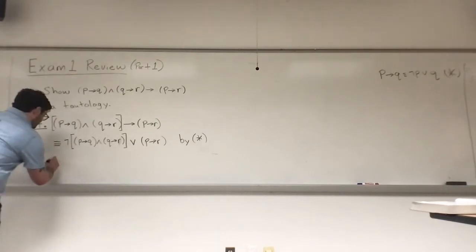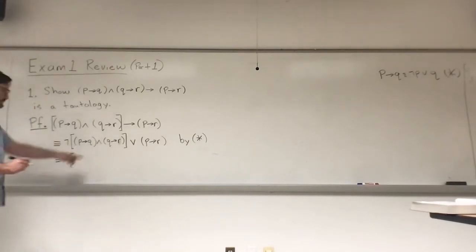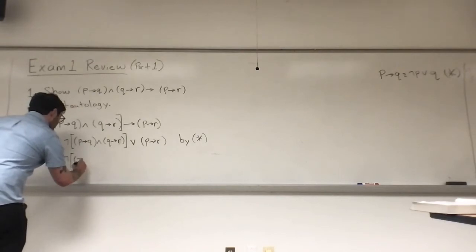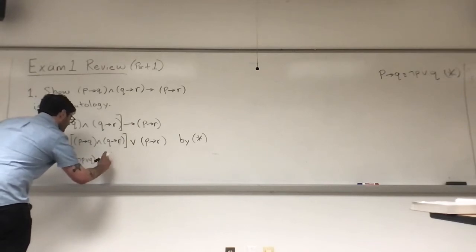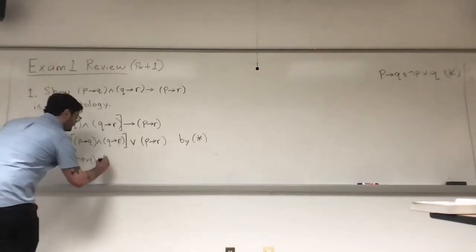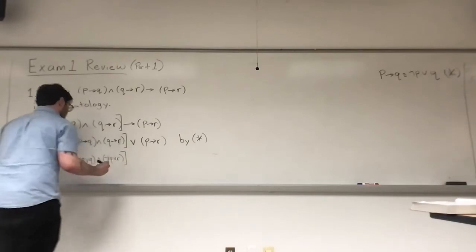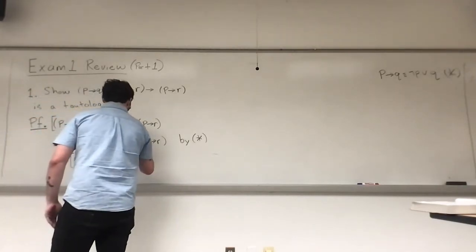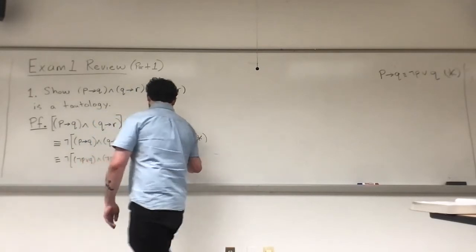So, okay, I'm going to leave that negation out there, and I'm going to change that one to not P or Q, and not Q or R. Or not P or R. And again, this is by star.